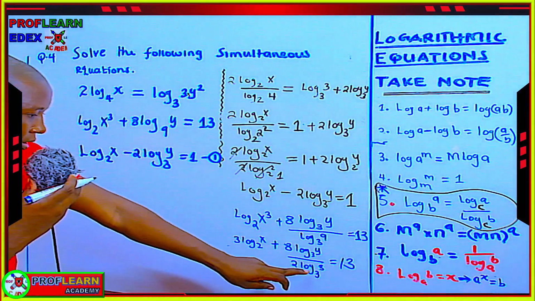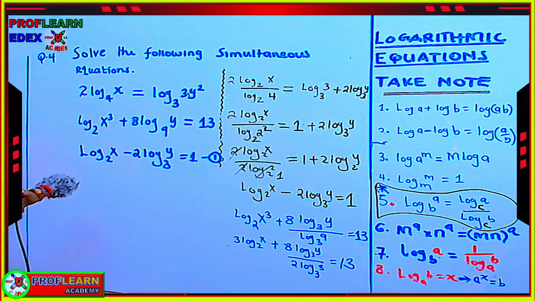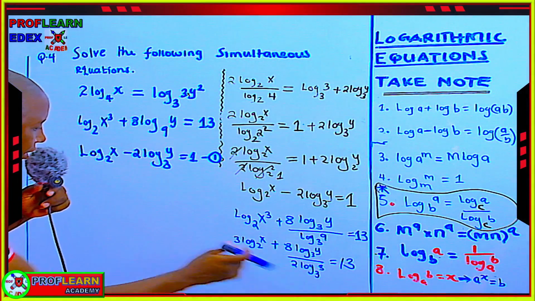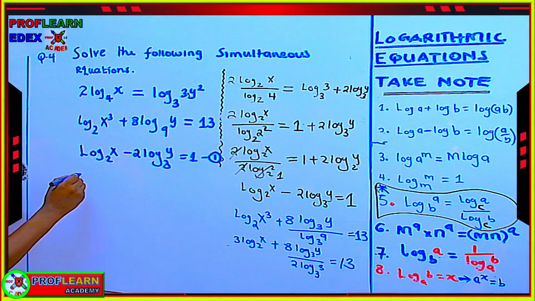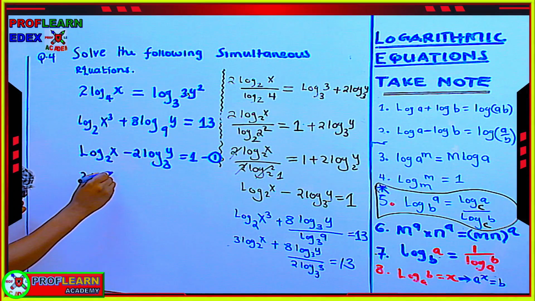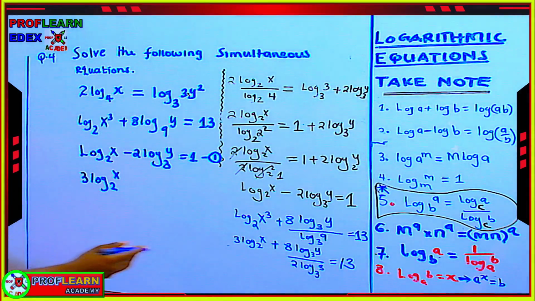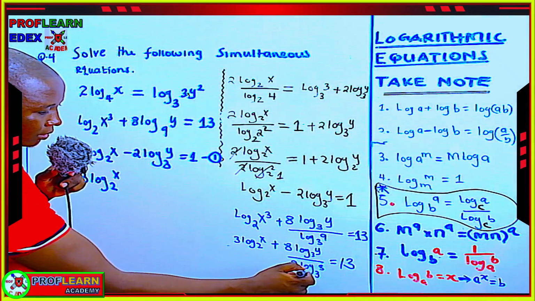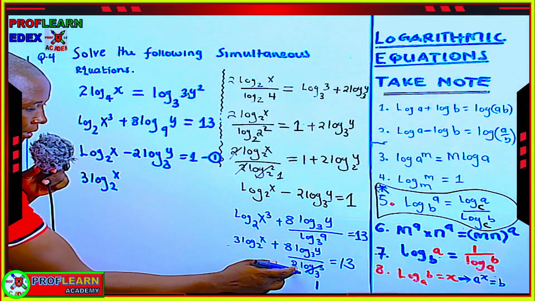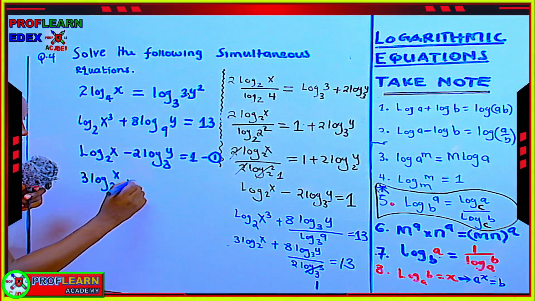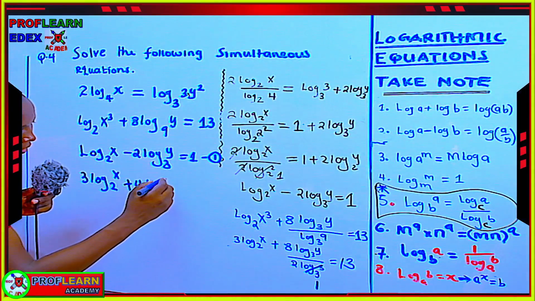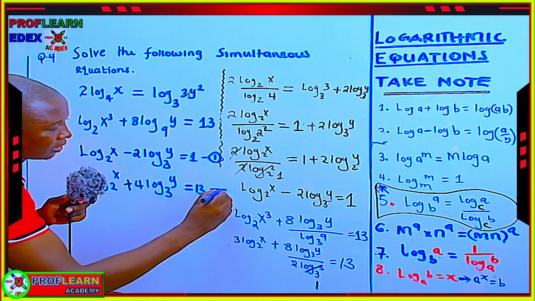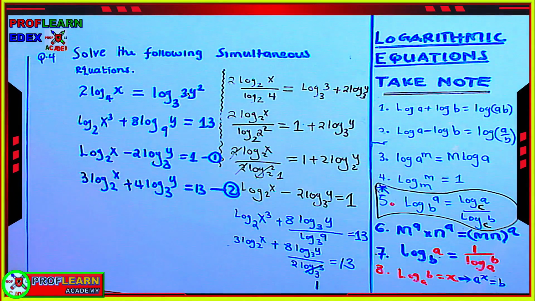So this equation can be written as 3 log x base 2 plus, the whole of this will be 1, divided by 2 will be 4, so we shall say this is 4 log y base 3 is equal to 13, and that becomes our equation number 2.